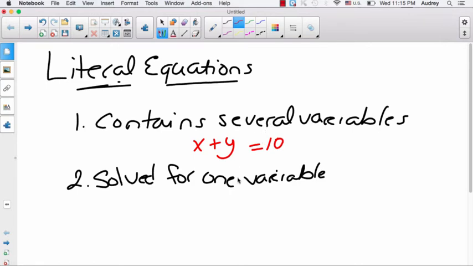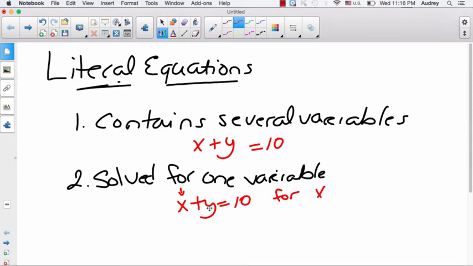Now, in a literal equation, we solve for one variable. Alrighty, so let's say that I have this same exact problem, which is x plus y. Yes, that's a plus, not a t. So x plus y equals 10, and the directions, which is me, tells you to solve for x. Well, first things first, I know that this guy needs to stay put. Anything else that is not him needs to move to the other side of the equal sign.